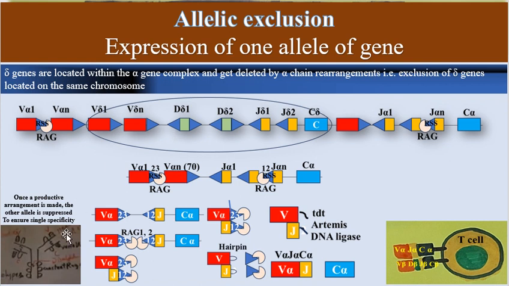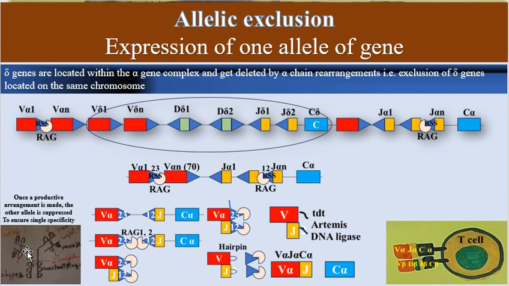However, for B cells, as can be seen here, this is an antibody, and as you know, an antibody has two symmetrical heavy chains and two symmetrical light chains.